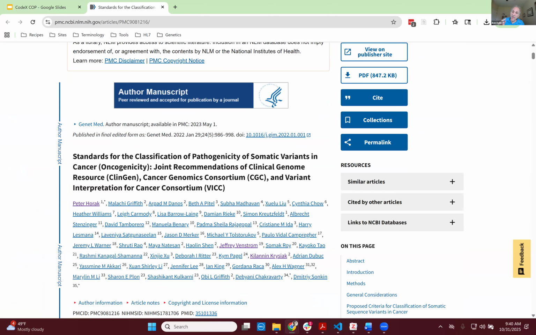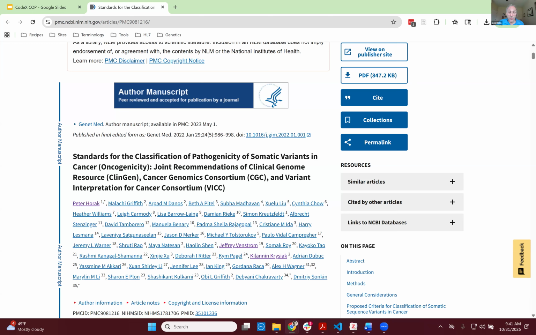And when you do submit a somatic variant to ClinVar, this is the framework that they want to be used in order to classify the oncogenicity of that variant. So if I discover my patient has this new variant in EGFR that no one's ever seen before, I can run it through this framework.